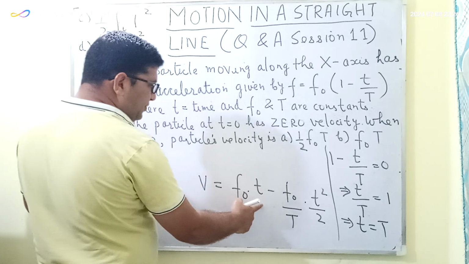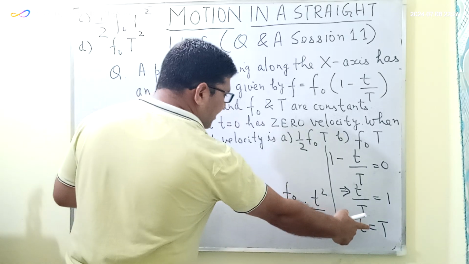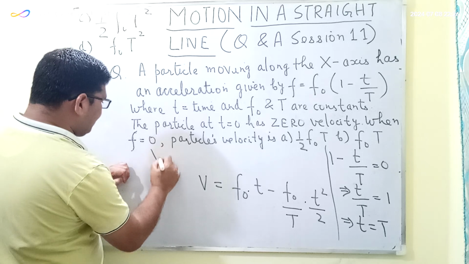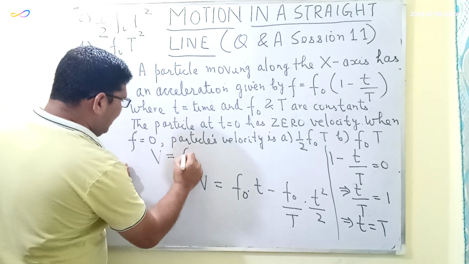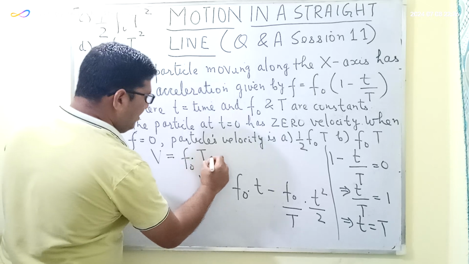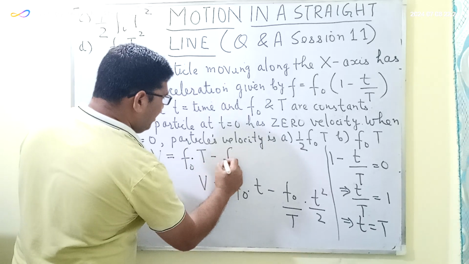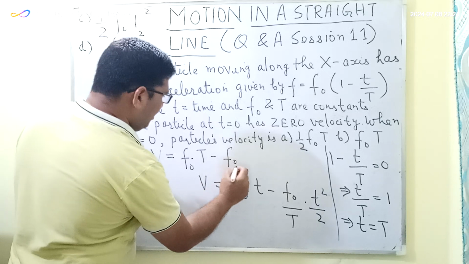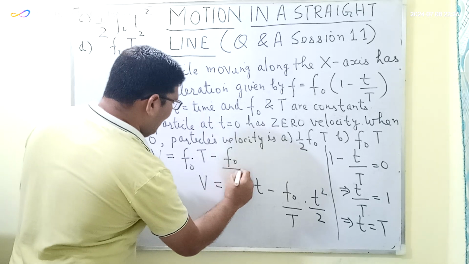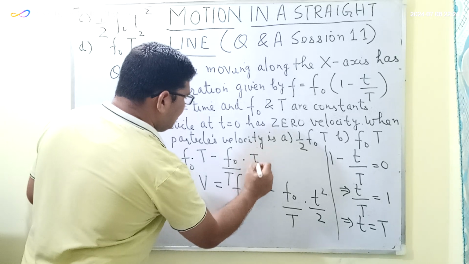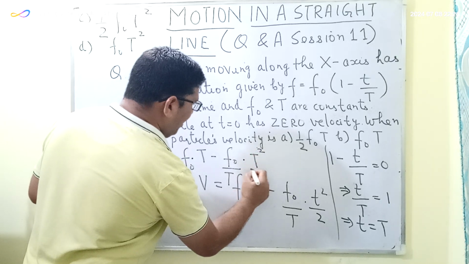So I will be substituting this value of small t, which is equal to capital T, in this equation of instantaneous velocity. So v will be equal to f naught into T minus f naught upon capital T multiplied by T square upon 2.